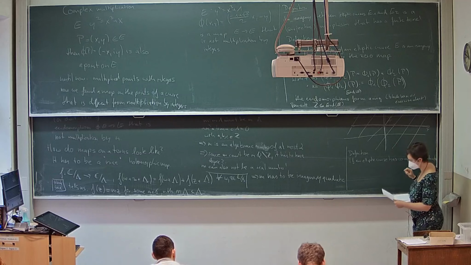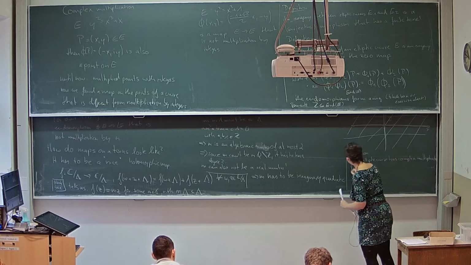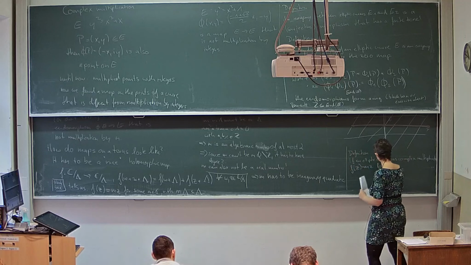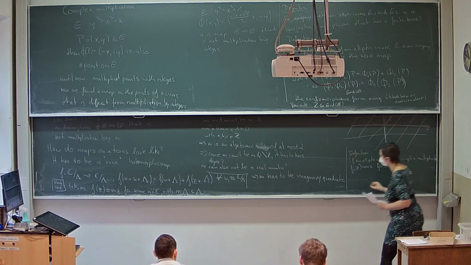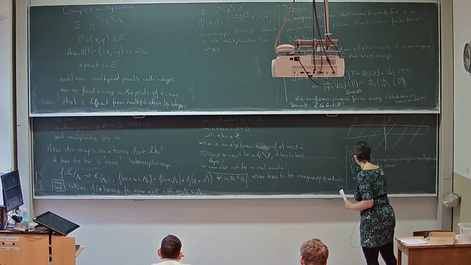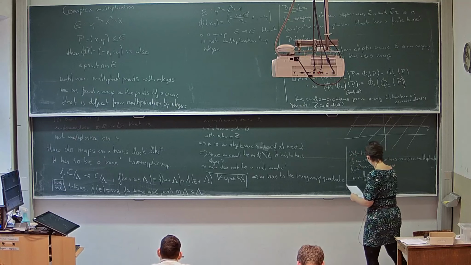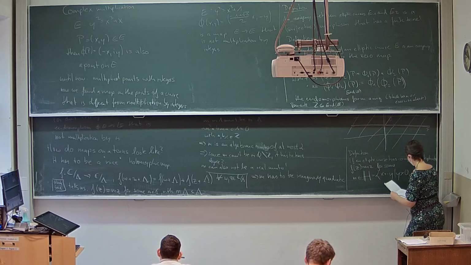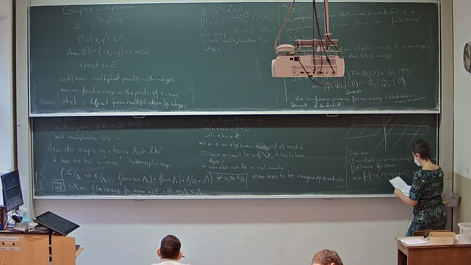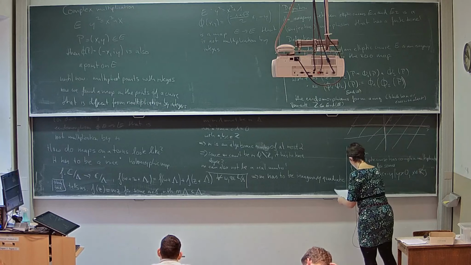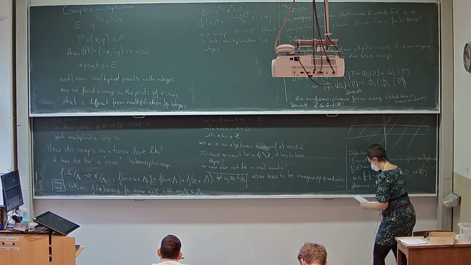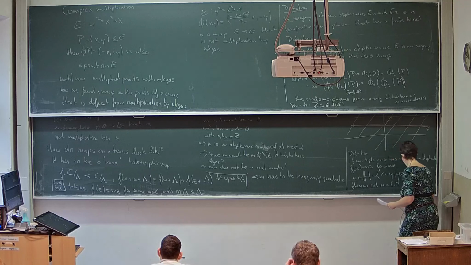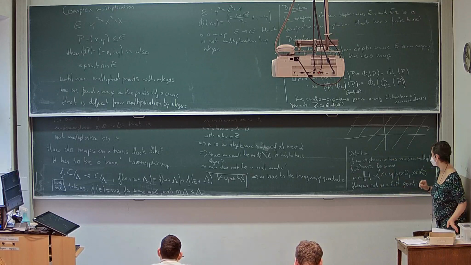So if an elliptic curve has complex multiplication, which looks like this, for some m in the complex upper half plane, then we call m a CM point.